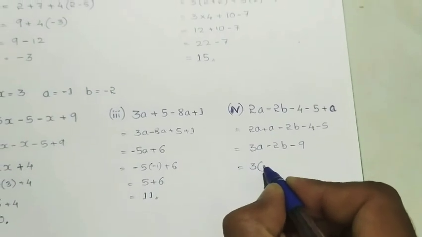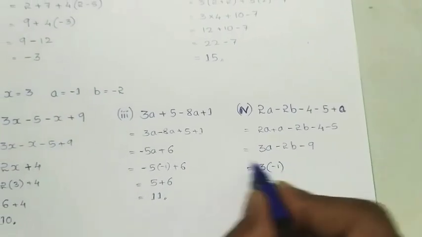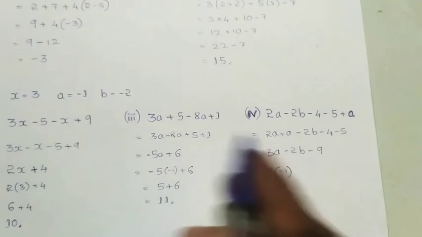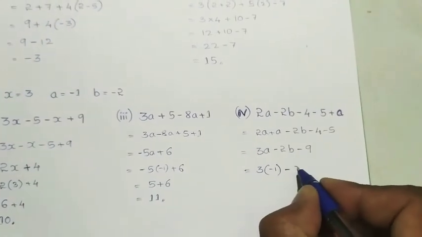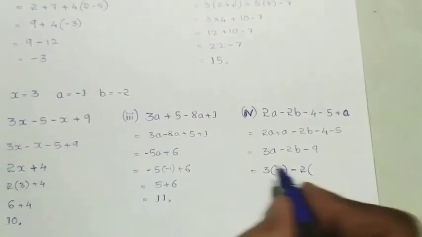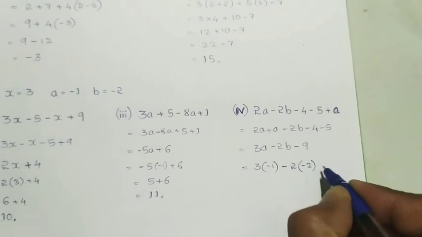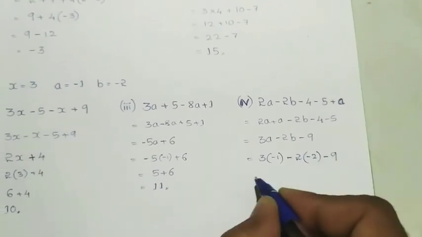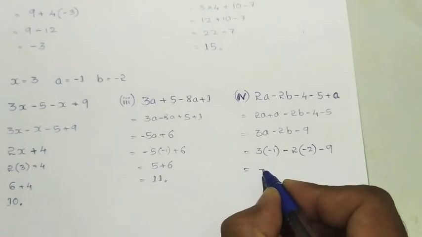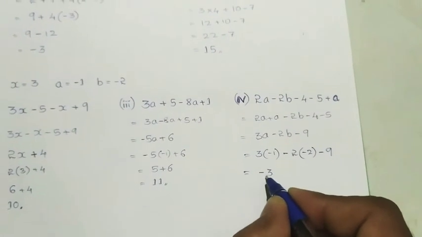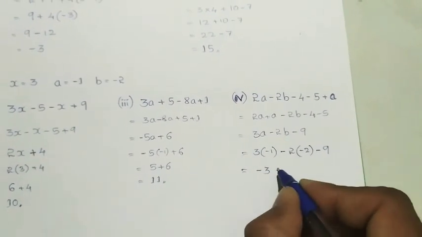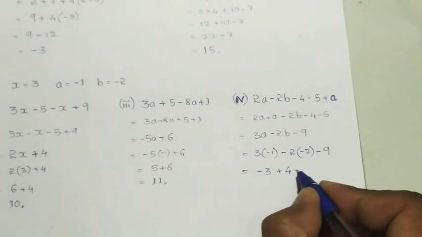3a means 3 into minus 1, because the a value is minus 1, minus 2 into the b value, which is minus 2, minus 9. 3 ones are 3, so here minus is there, put the minus 3. Minus into minus is plus, 2 twos are 4.